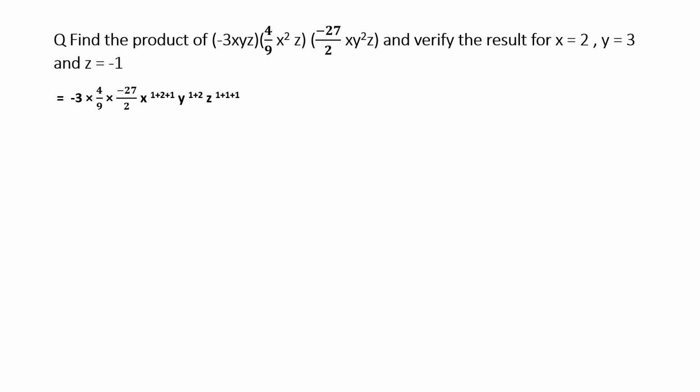If the bases are same, we add the exponents. Same with y raised to power 1 plus 2 and z raised to power 1 plus 1 plus 1. Now the multiplication of minus 3 into 4 by 9 into minus 27 by 2 will be plus 18. 3 3s are 9, 9 3s are 27, 2 2s are 4. So that will give you 18.